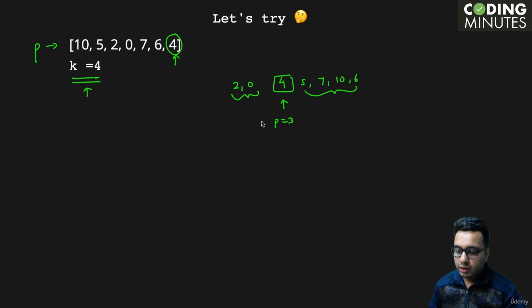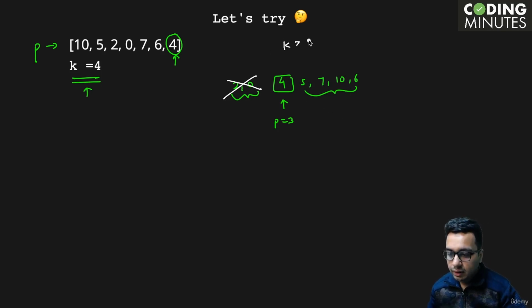So in quicksort, we made a quicksort call on both the sides, the left part and the right part, to sort the array. But in this case, we don't need the entire array to be sorted. We can simply discard the left part because we want to save time, and just make a call on the right part of the array because k is greater than the pivot.